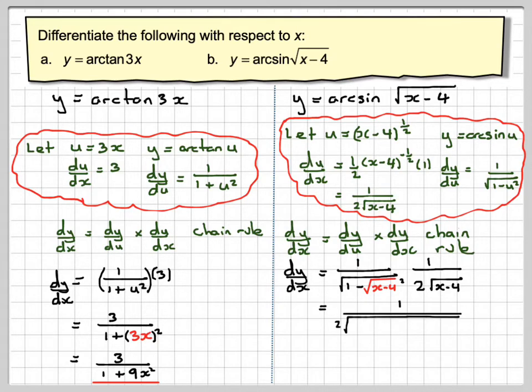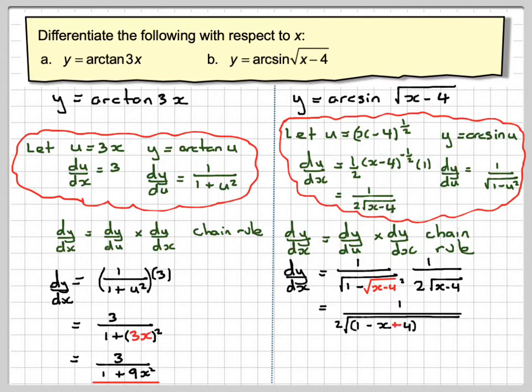So expanding the bracket here, we're going to get a 2 from here. When we square this, we're going to get x minus 4. But that will be in brackets, so we need to remove the brackets. So we're going to get minus x and then plus 4.